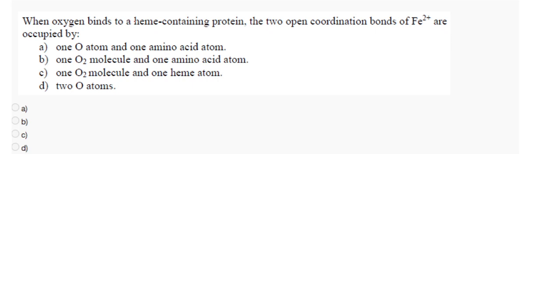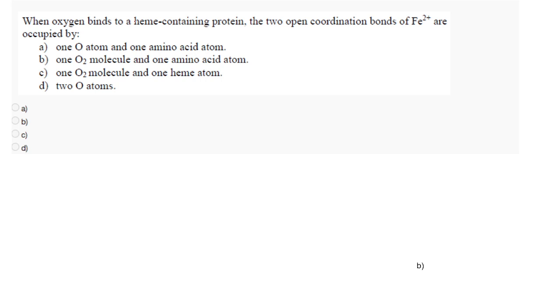What's the correct statement here? C, one O2 molecule and one heme atom? No, this is not correct. Option B is correct: one O2 molecule and one amino acid atom.